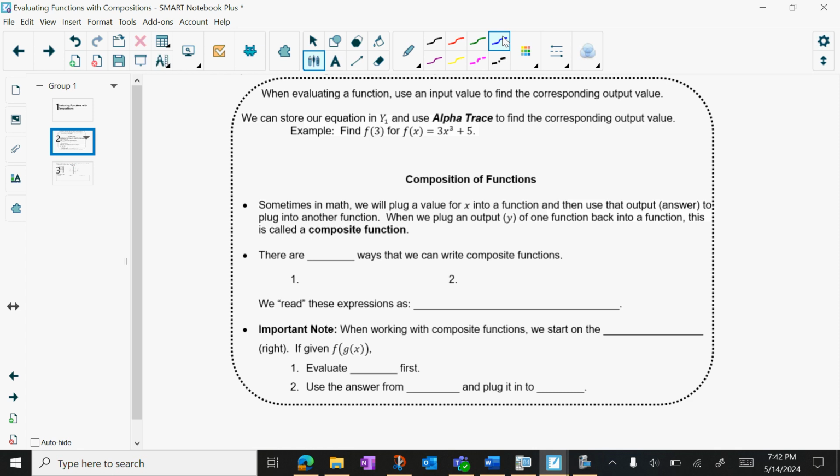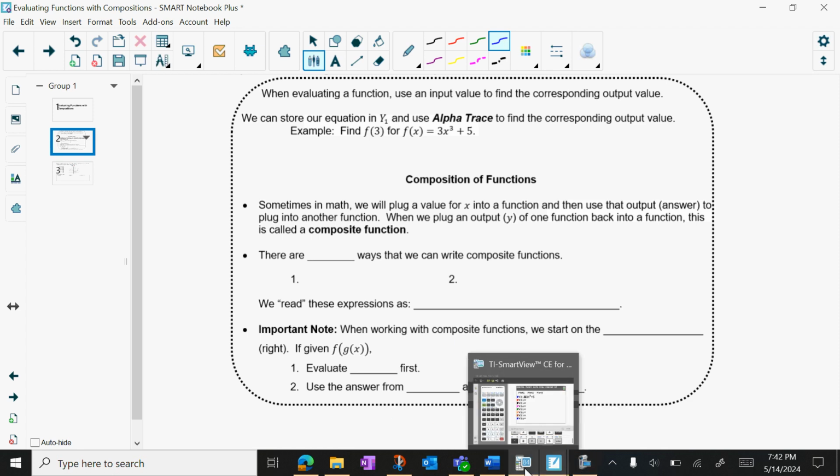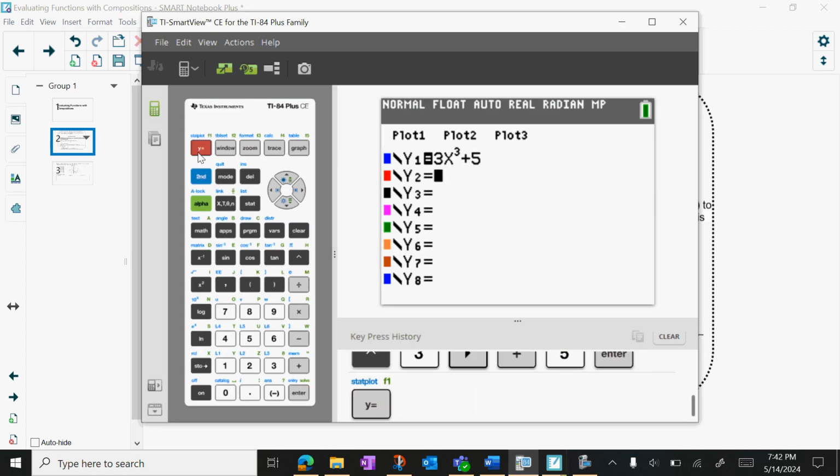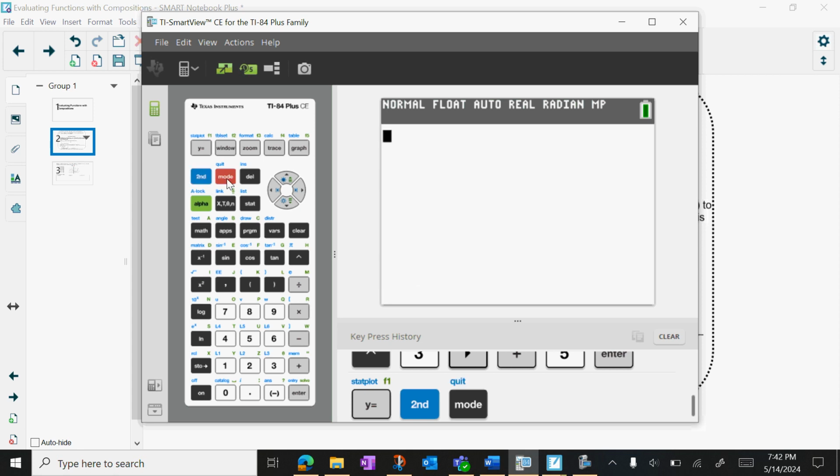We're going to find f of 3 for f of x is equal to 3x cubed plus 5. So right now, grab your graphing calculator and go to y equals and put 3x cubed plus 5 in y1. I'm going to then exit out by hitting second mode, bringing me back to my main screen.